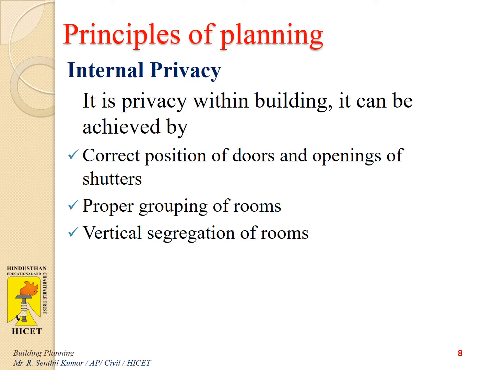It can be achieved by correct position of doors and openings of the shutters, proper grouping of rooms, providing buffer area between bedroom and other rooms, and vertical segregation of rooms, that is by providing drawing, dining, kitchen, toilet and bed, toilet and so on. These are the several segregations that can be given.